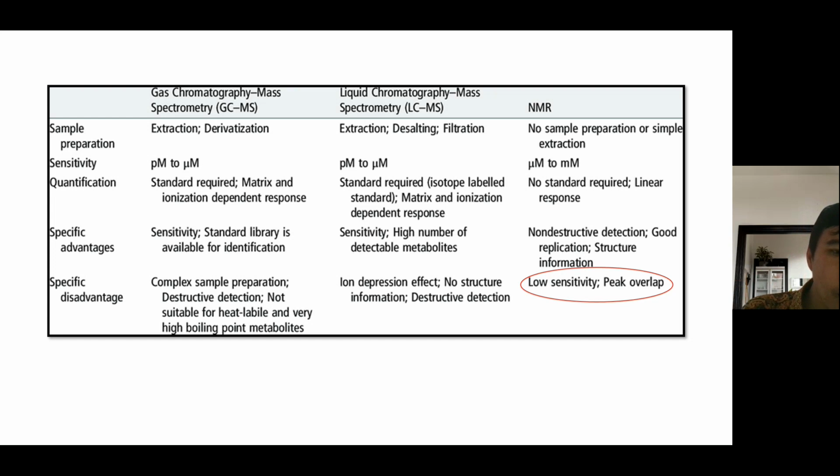And also when your metabolite has a very high boiling point, it is quite difficult to detect using GCMS because, for example, for a metabolite with up to 500 degrees Celsius boiling point, it is impossible to detect it using GCMS because the instrument temperature is lower than that boiling point. So you will never be able to detect such a sample using GCMS.